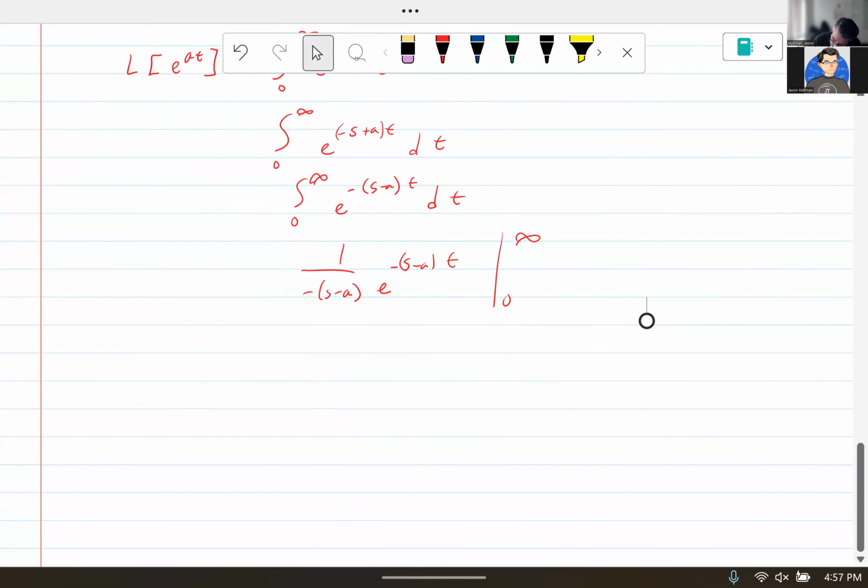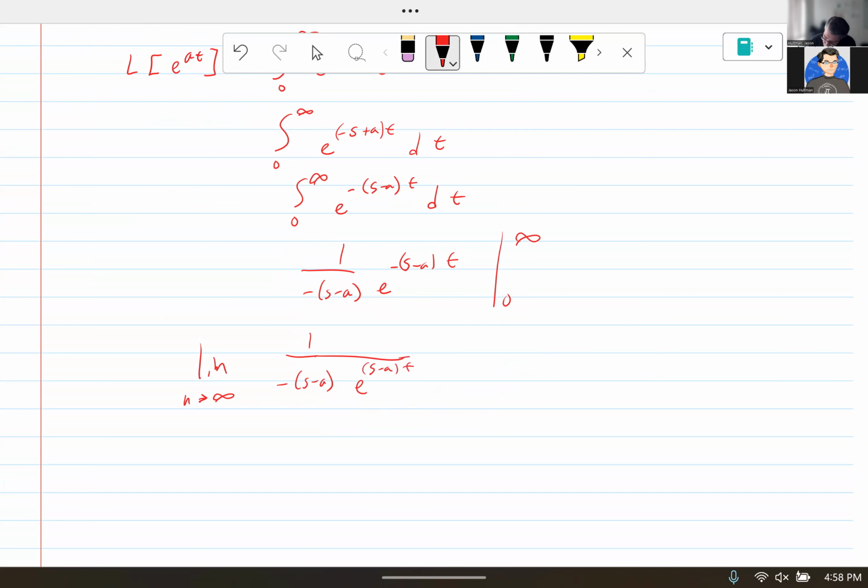And so I'm going to take the limit as n goes to infinity of 1 over negative (s minus a) over e to the (s minus a) times t, from 0 to n.